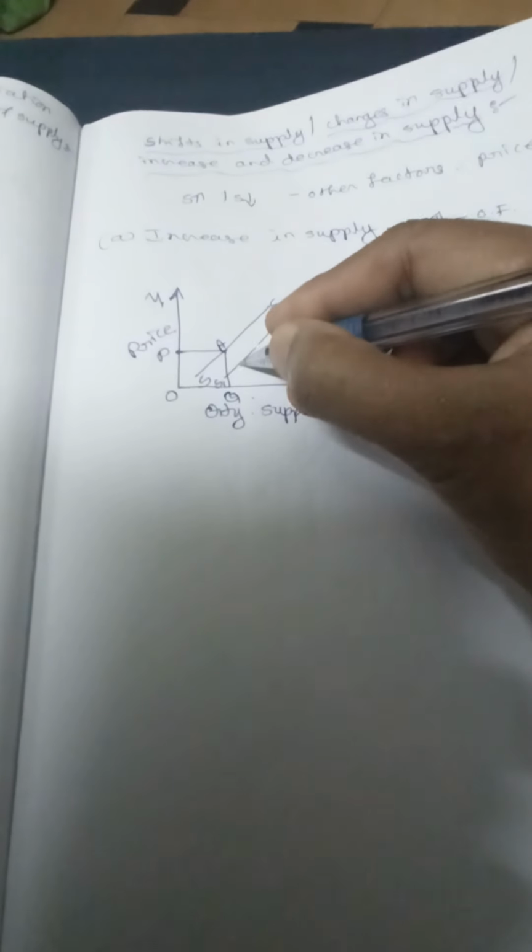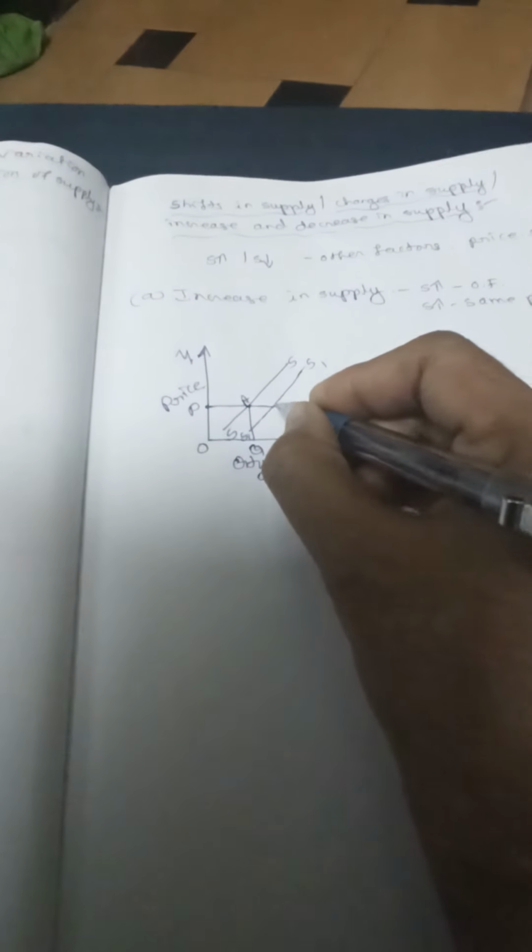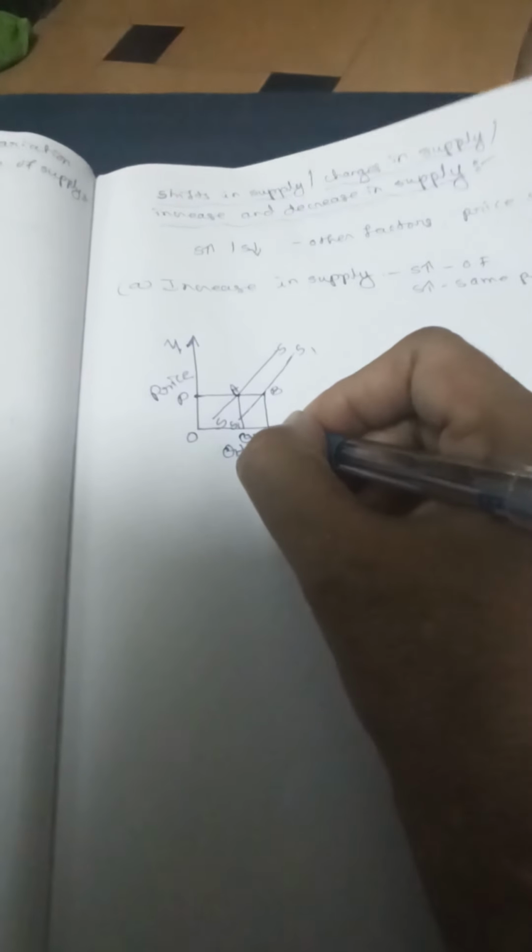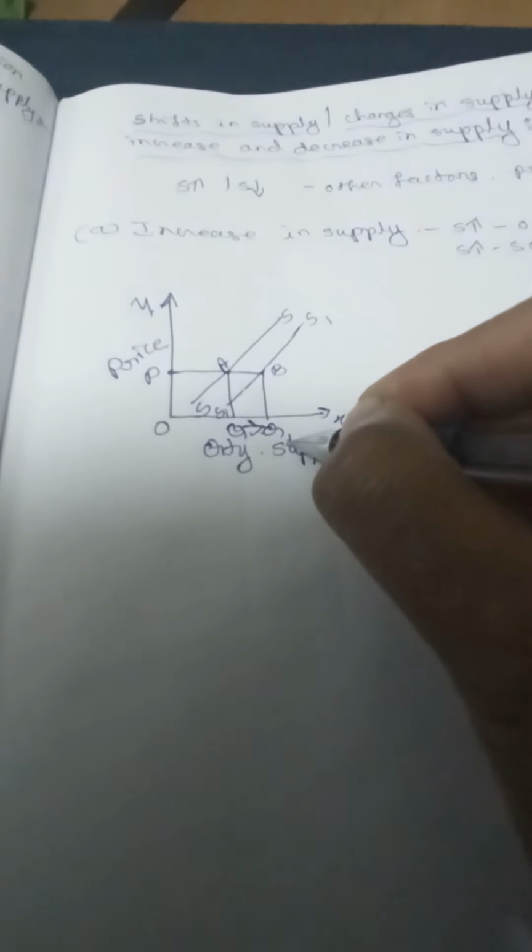Then you extend the price line where it touches the new supply curve. Same price, still supply increases. It touches here at B, and then you join it to the x-axis, you will get Q1. Increase is there in the supply from OQ to OQ1.